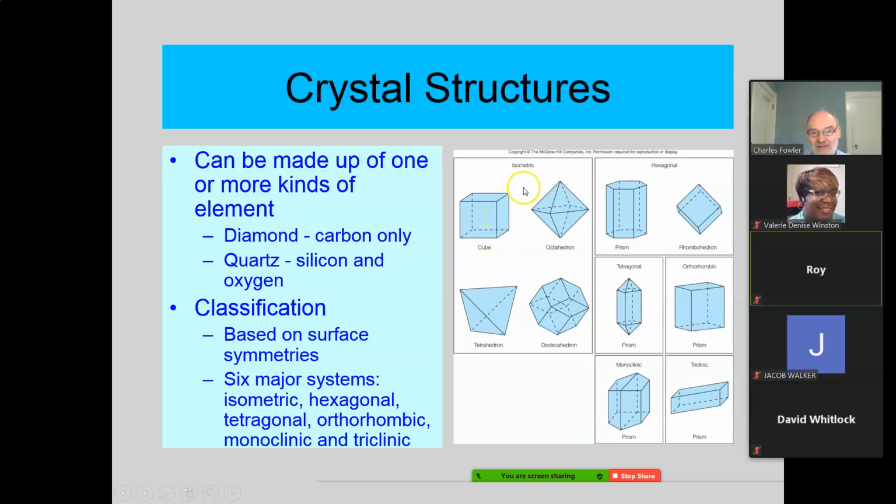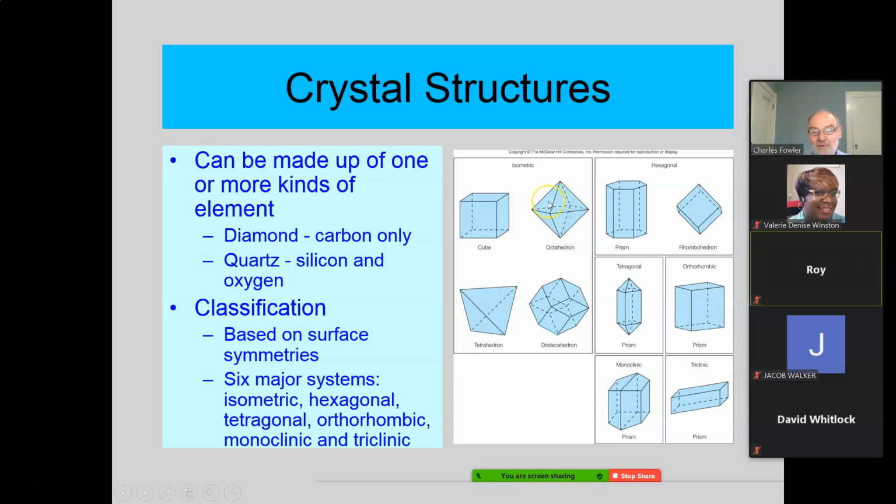Another form of an isometric structure is an octahedron. Now, octo means 8, and hedron basically means sides. This has 8 sides: there's one, there's one, there's one. There are 4 on the bottom and 4 on the top. All of those lengths are the same, and basically all the angles are the same.